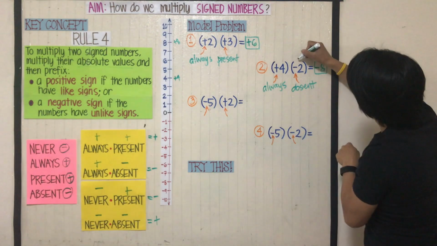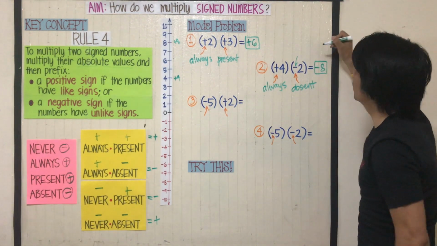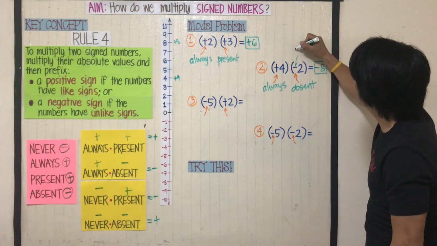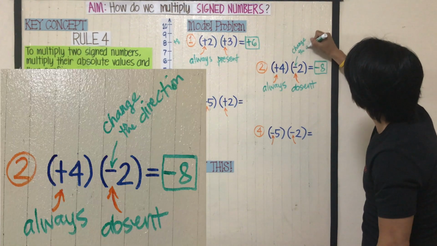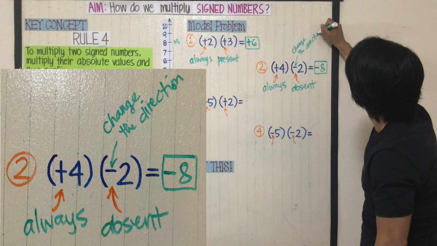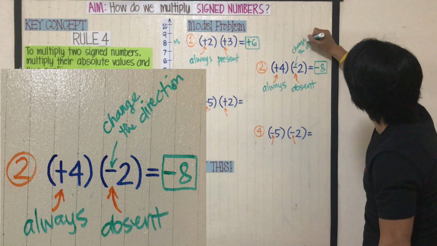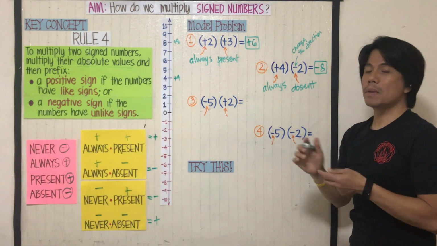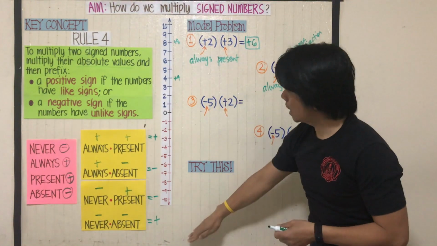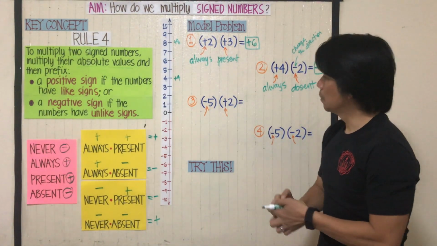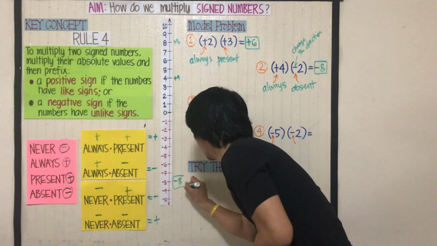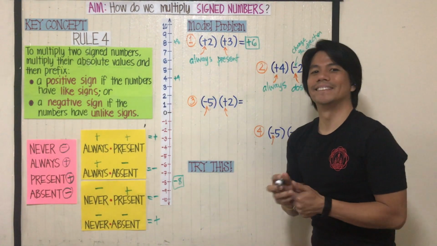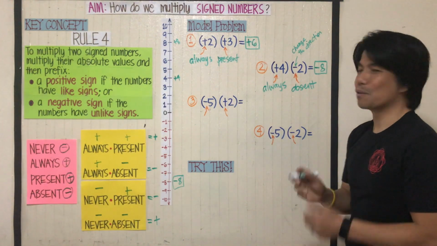But then, since there's a negative in front of 2, that means you change the direction. Let's annotate that. Change the direction, meaning take it from the other side of the number line, which is negative 8 right here. Got it? It's cool, right?